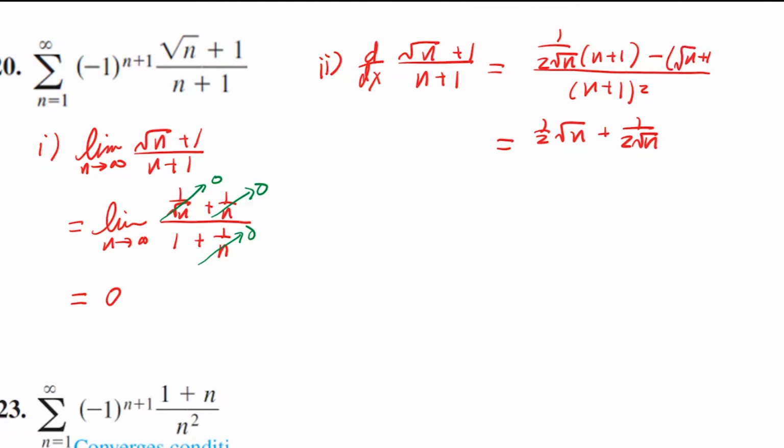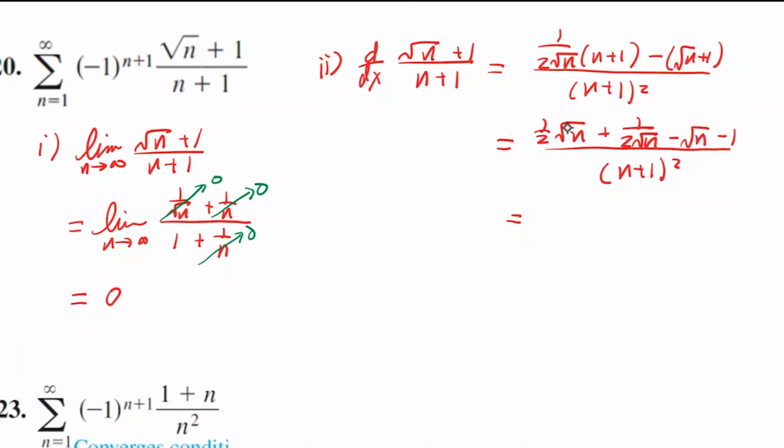I do need a parenthesis. It's like that, hey? Minus square root n minus 1 over n plus 1 squared. Still with me? Say yes. Yeah.